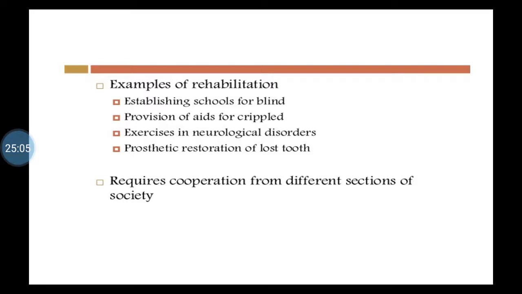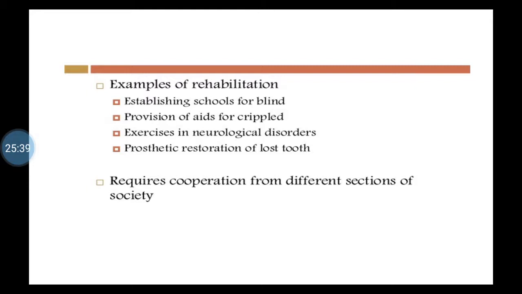Now there are so many persons who are not able to hear. For such persons, hearing aids are provided. Then exercises in neurological disorders. Most of the persons have neurological disorders also, and some exercises can help those persons. Then prosthetic restoration of lost teeth. There may be some dental disorder also, isn't it?